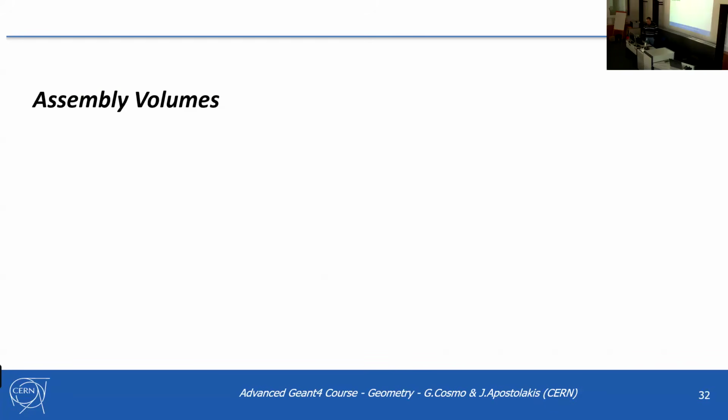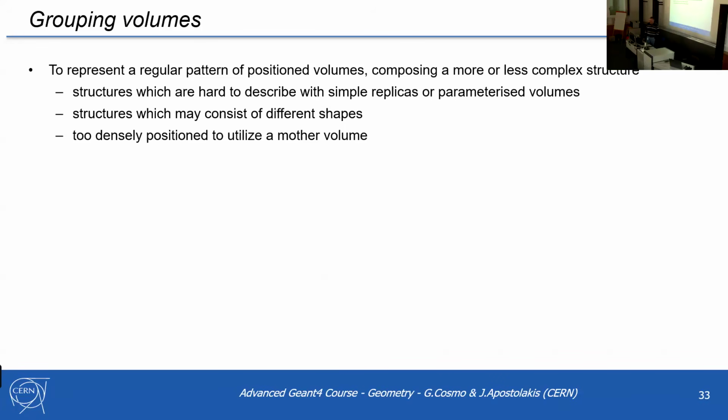Okay, so now let's have a look at the special constructs. We start with the assemblies. When should you use an assembly? When you have a pattern of volumes that are repeated several times in space, but may be difficult to construct each time because the volumes are somehow interconnected and rotated.